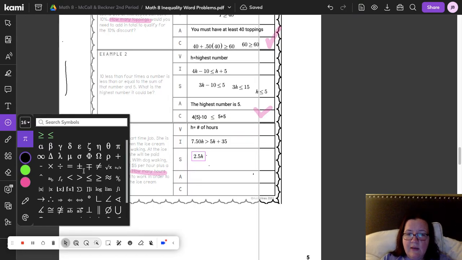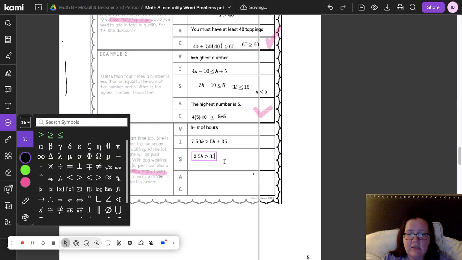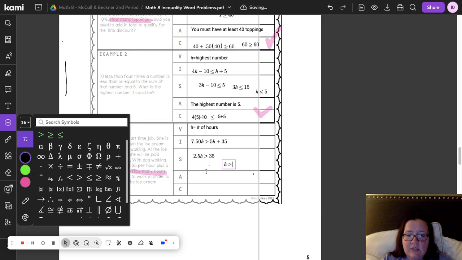H is greater than 35. Okay, next thing we're going to do is divide 35 divided by 2.5. I'm going to use my calculator. You could do the same. 35 divided by 2.5 is 14. H is greater than 14.